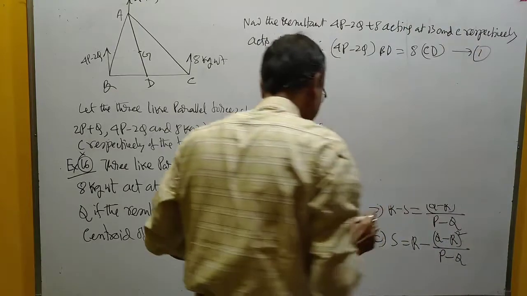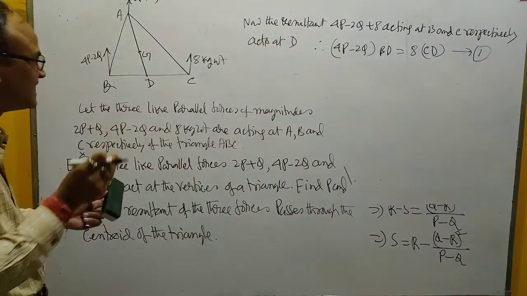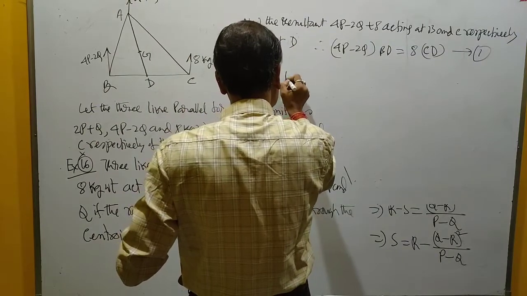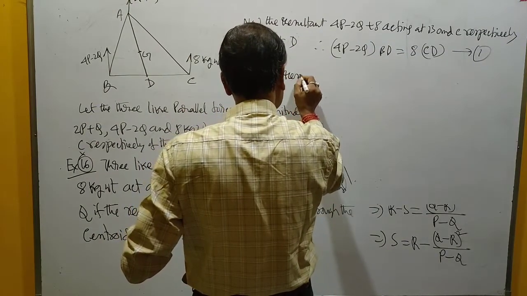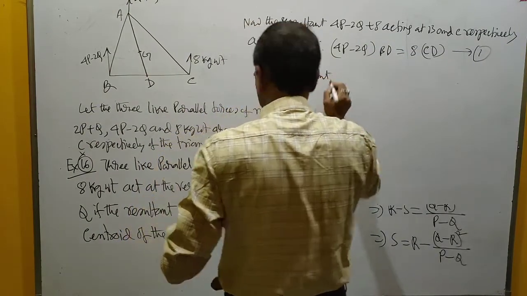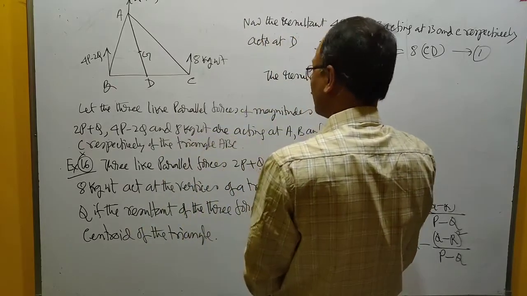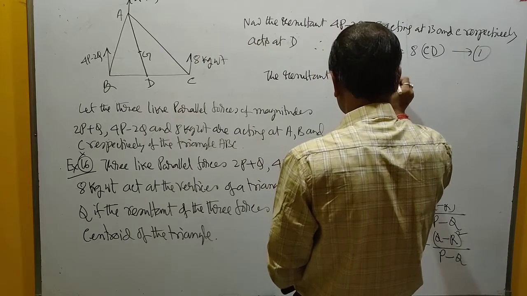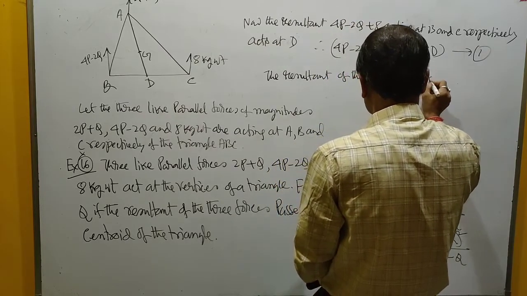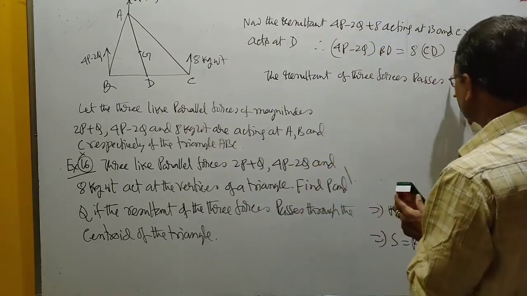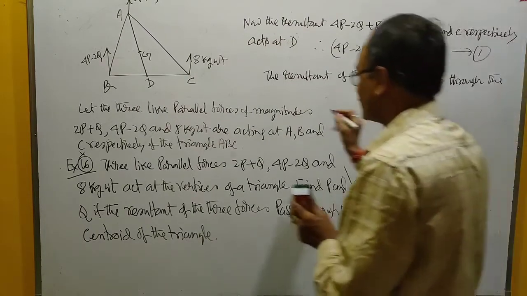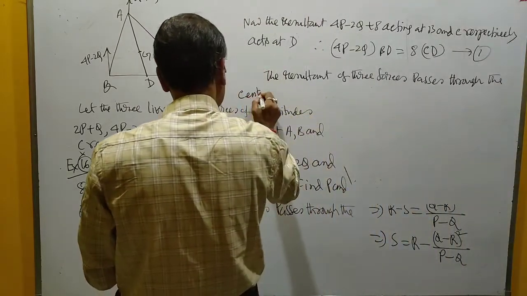This is suppose number 1. The resultant of 3 forces passes through the centroid G of the triangle.